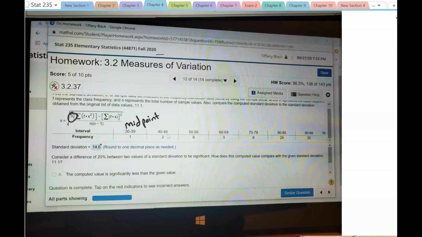So whatever you have, the 35 plus 29 plus 8 plus 3 plus 8 plus 2 plus 1, that's going to be N. Frequency was how many times they show up, and that is represented here by the F, and the X value is going to be the midpoint.